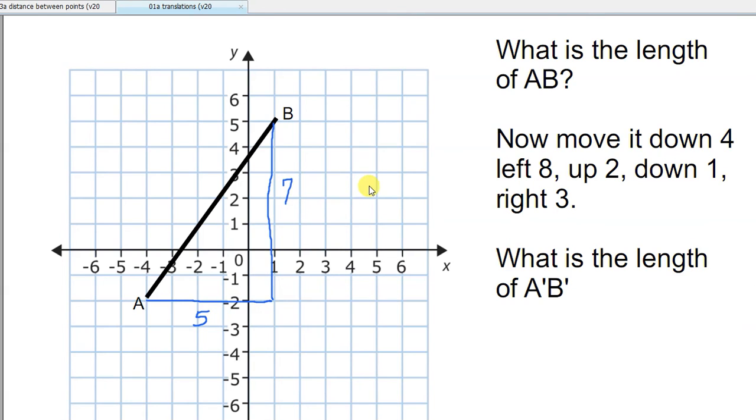So this is going to be 25 plus 49, which is 74. And the square root of 74 is some number, which I'm about to find. 8.6. So this guy right now is 8.6. And when I translate it, it's still going to be 8.6.